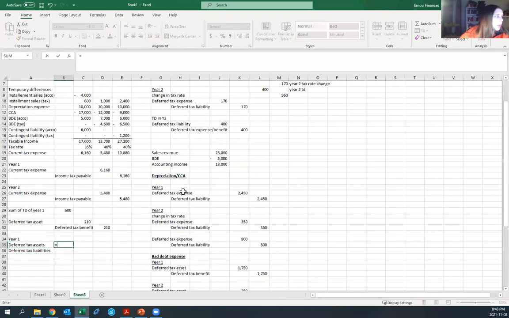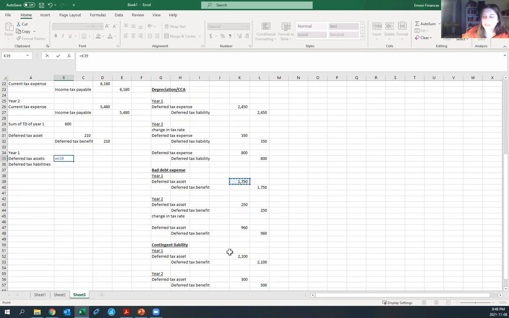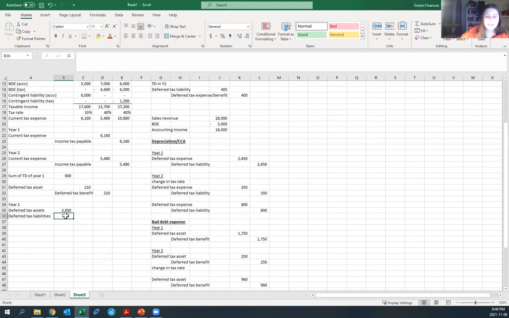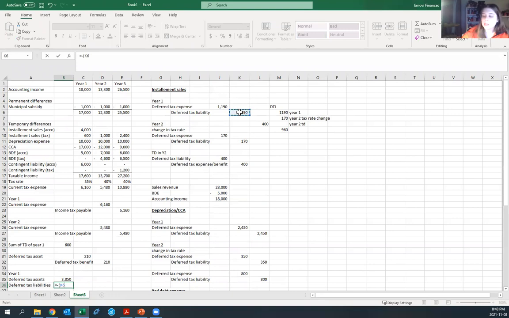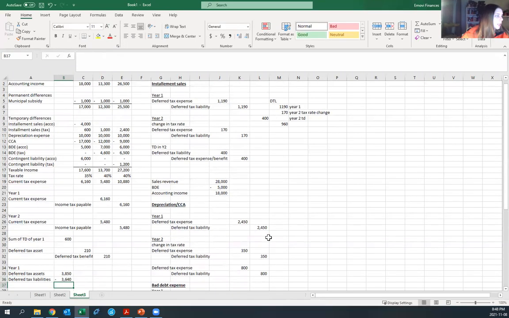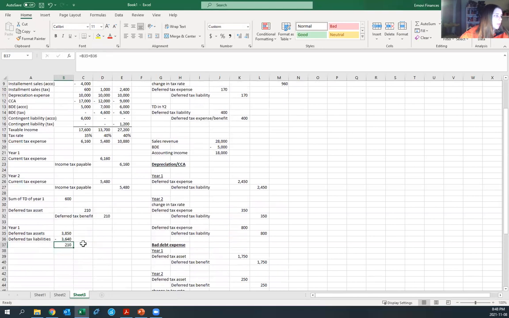For the tax asset, I recorded one for my bad debt expense and for my contingent liability. I think that's it. And then for my deferred tax liability, I recorded one for my installment sales and my depreciation expense. So if you sum these together net, you have a deferred tax asset of 210, and it's the same amount.